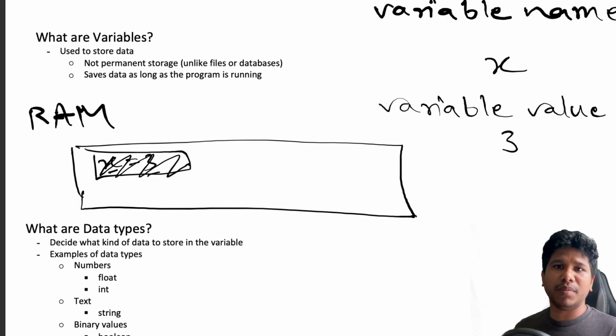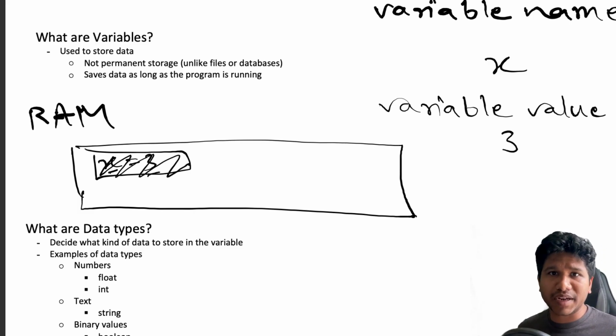For numbers, we have different types of numbers like integers or fractions. Integers will be stored in a variable of type int. Fractions will be stored in a variable of data type float. If we have some text, any text, it'll be stored in a variable of data type string.